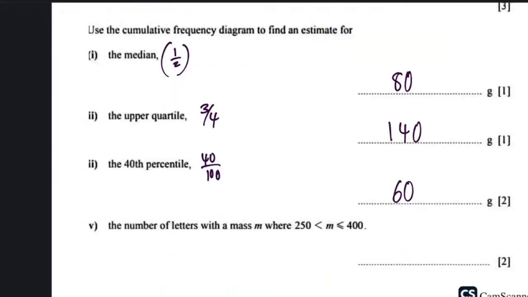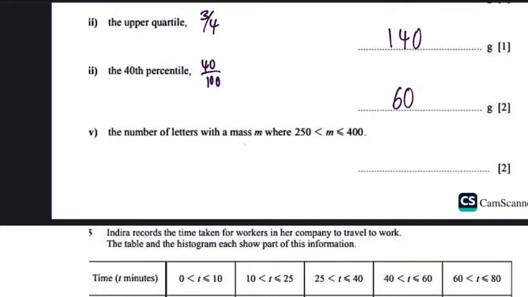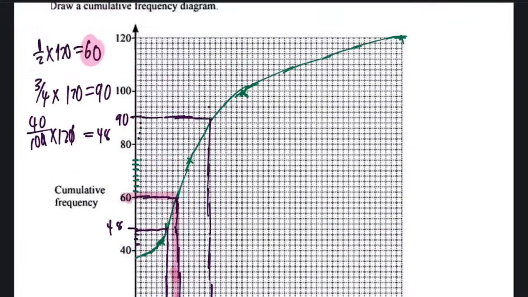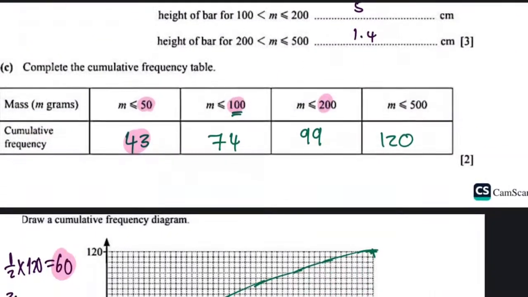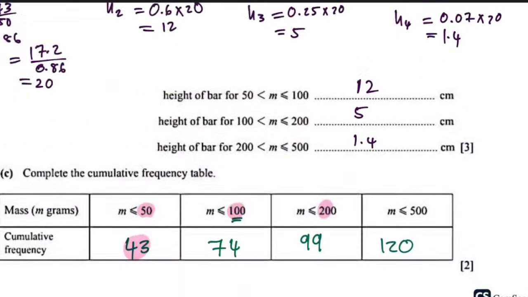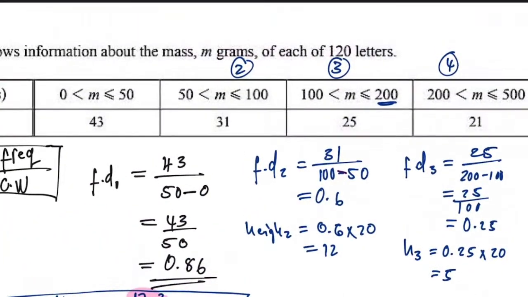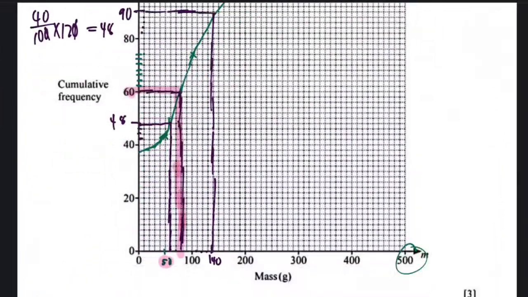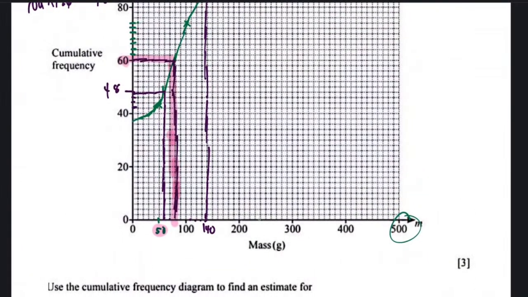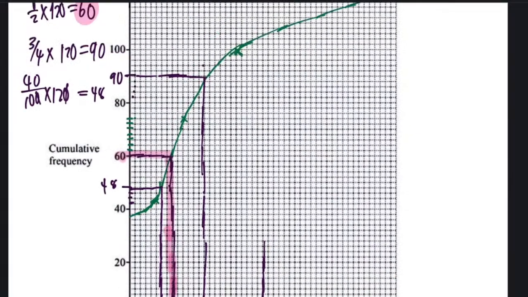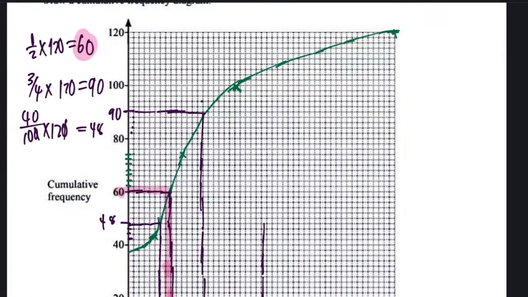So yeah. Now here, the number of letters with the mass m, where they are just asking for frequency from 250 to 400. So from 250 to 400, how many do we have? That's what we want to find out. One way to do it is to go to 250. So this is 210, 220, 230, 240, 250. Then you go up to find the number of letters, because everything in here uses the graph.